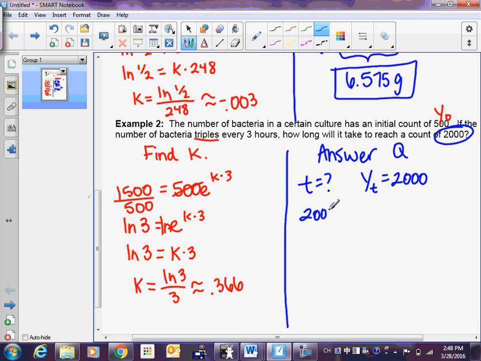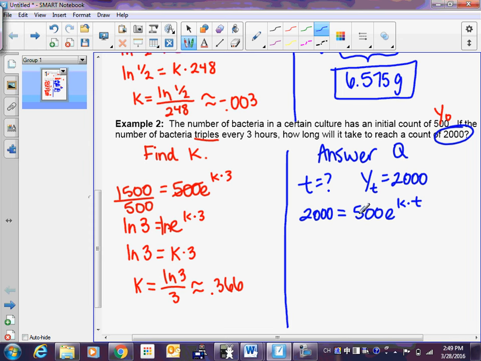Let's put 2000, and if it tripled in 3 hours, this should be a little bit more than 3 hours. That's a good way to know if we're on the right track. Or it could be a lot more than 3, but it shouldn't be that much more. And keep that as t right here.